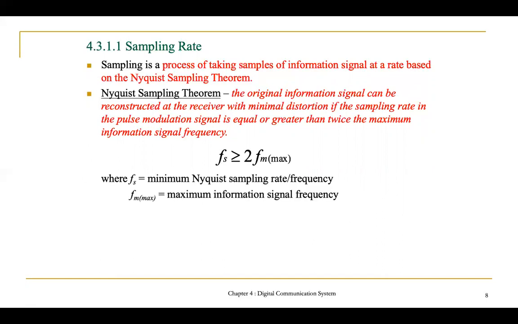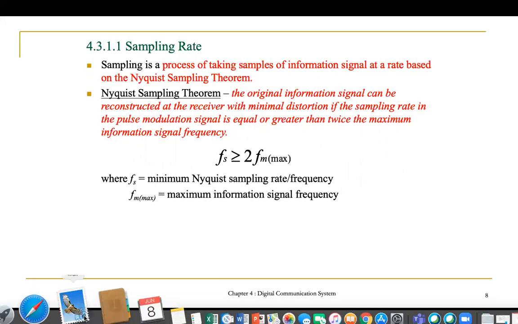The Nyquist sampling theorem states that the original information can be reconstructed at the receiver with minimal distortion if the sampling rate in the pulse modulation signal is equal to or greater than twice the maximum information signal frequency.